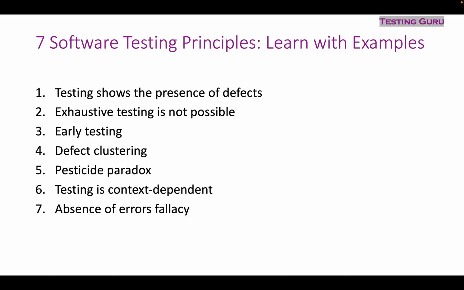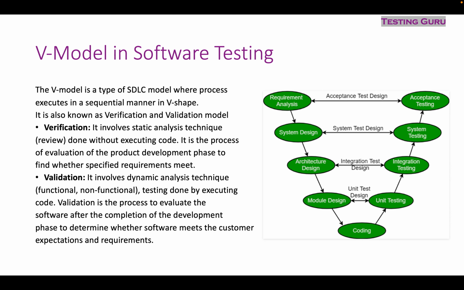Okay, so now we'll move on to the next topic, which is the V model in software testing. The V model is a type of SDLC model where the process executes in a sequential manner in a V shape. It is also known as the verification and validation model. What is meant by verification? Verification involves static analysis techniques, called reviews, done without executing the code.